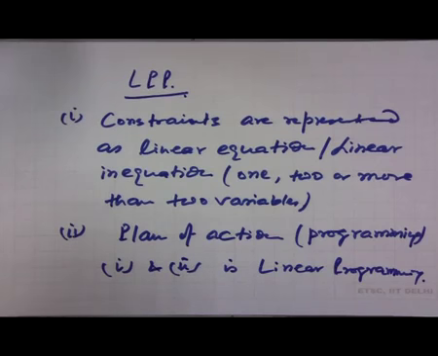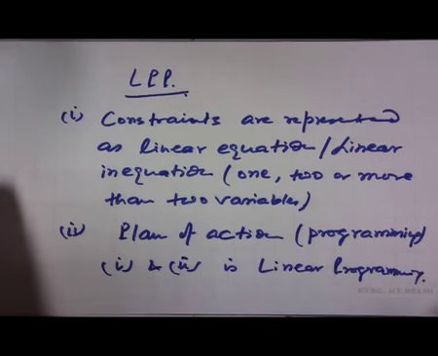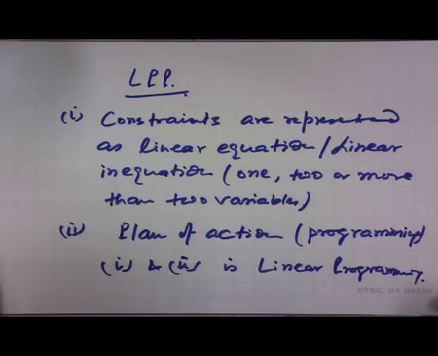So we have two actions. First of all, we have to define all the constraints in linear equation or linear inequation that may be of one, two or more than two variables. And second is how to plan so that we maximize or minimize the linear function or objective function.